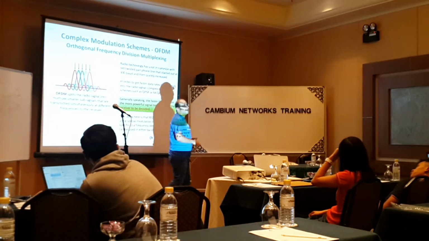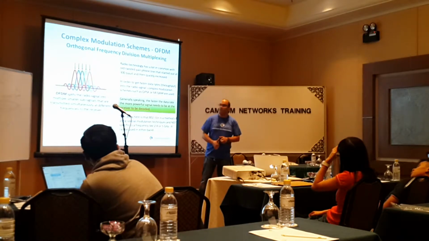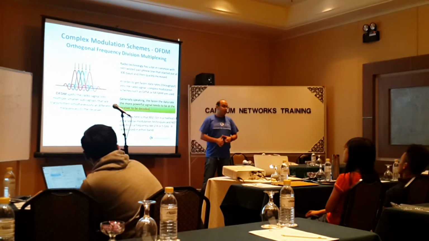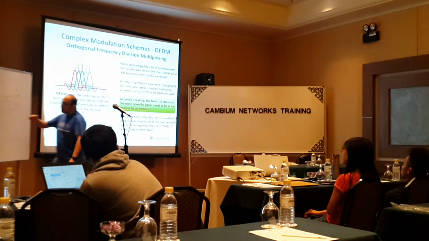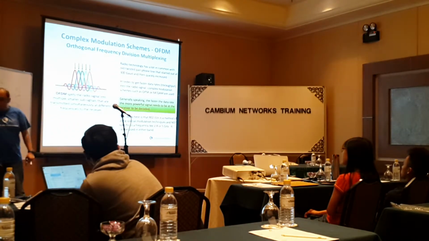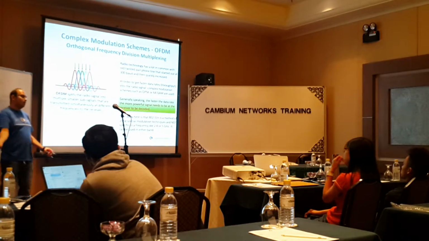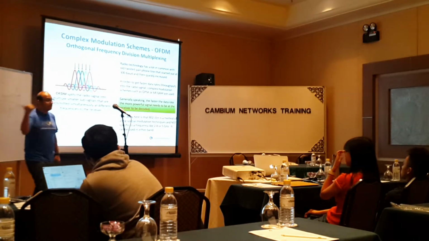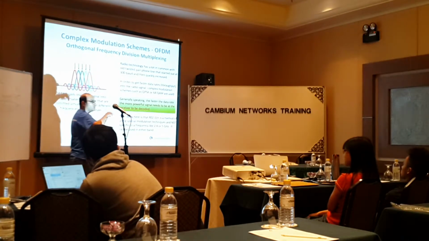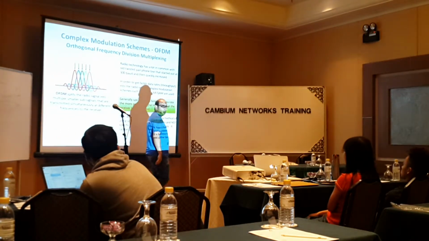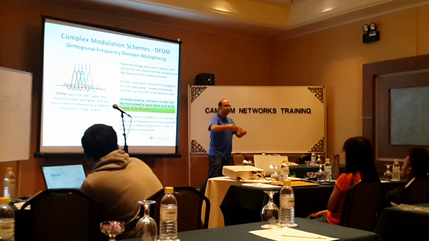This process is called OFDM, orthogonal frequency division multiplexing. It's all about using more than one spectrum, so you can increase your bandwidth. Because of this, the channel width has a direct relation with bandwidth, because more spectrum carries more data.